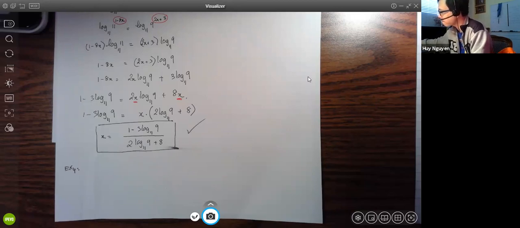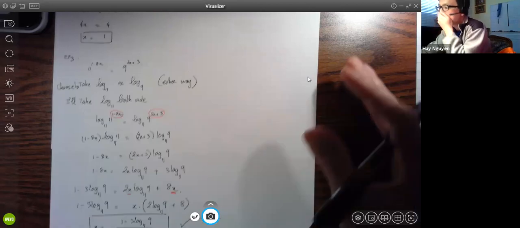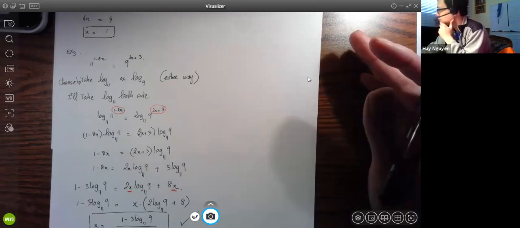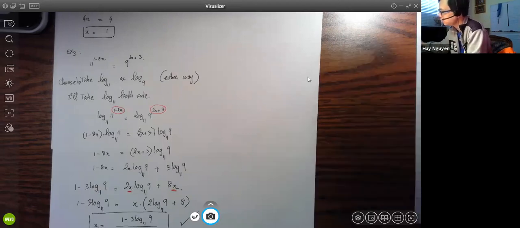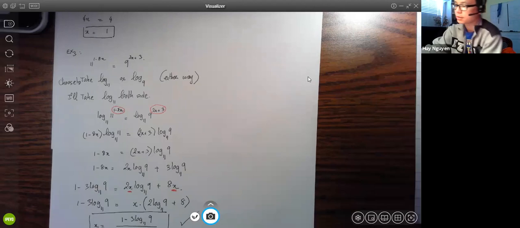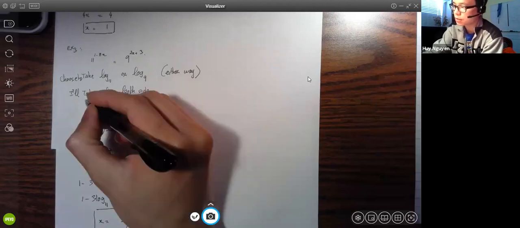Let's see. You don't want to take the log of both sides, because taking the log of both sides is one of the other options.